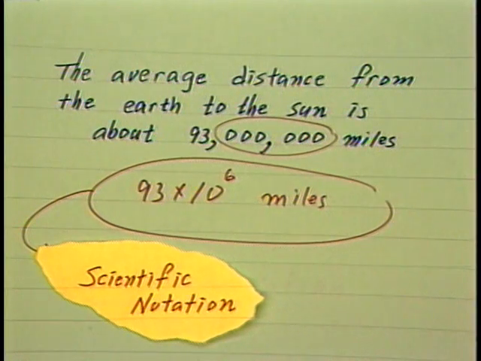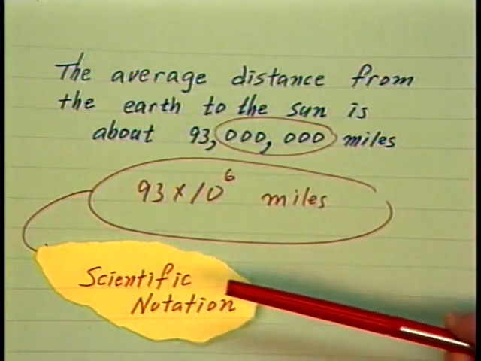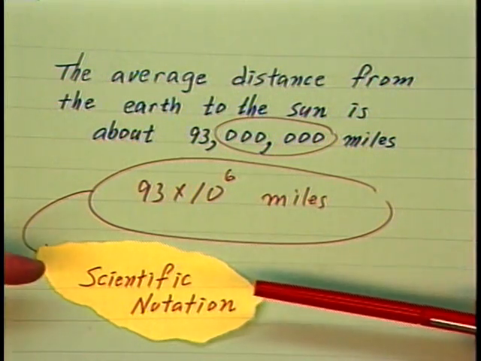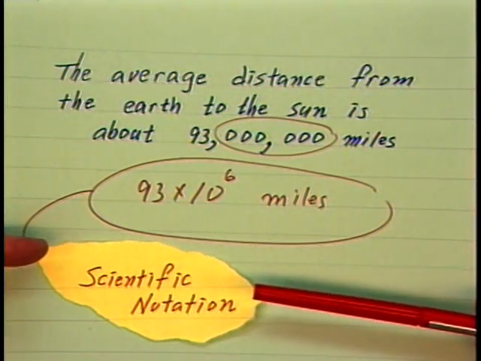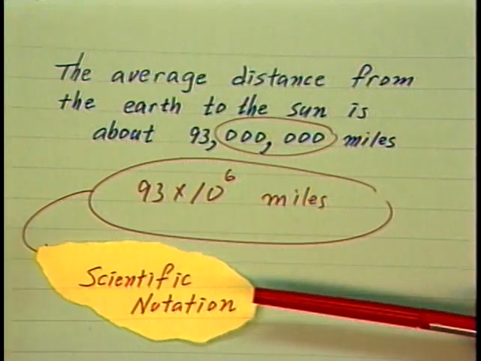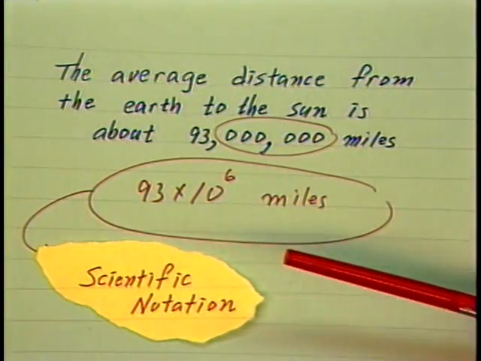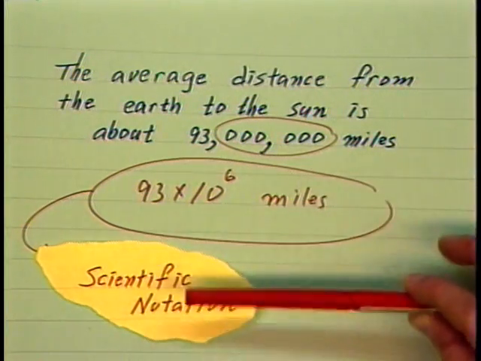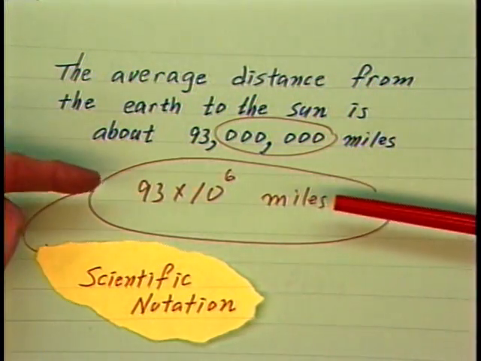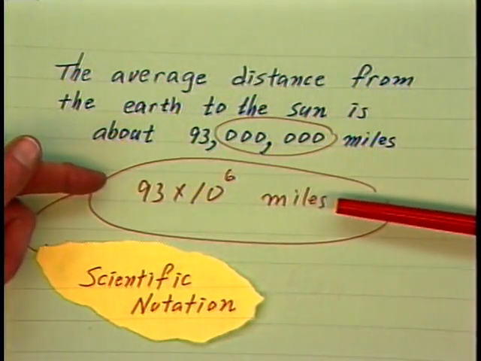scientific notation. And it will prove to be so important that most beginning science classes, be they earth sciences or biology or chemistry, will begin the first week of course discussing scientific notation as a way of writing very large or very small numbers.